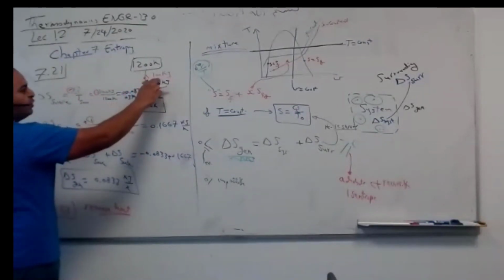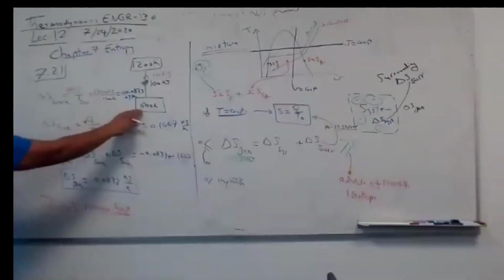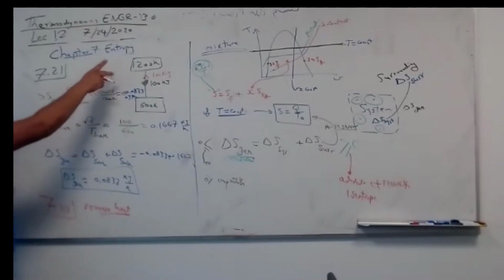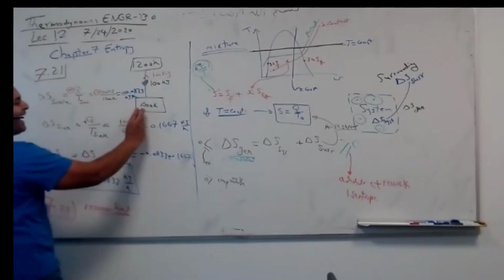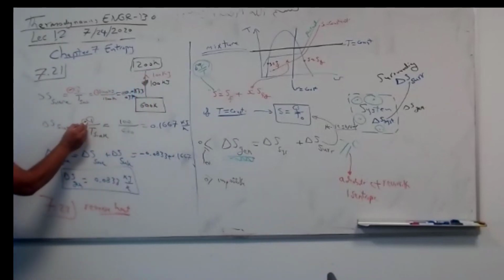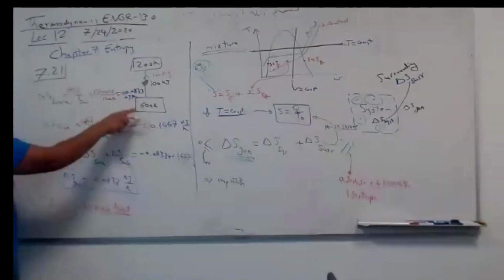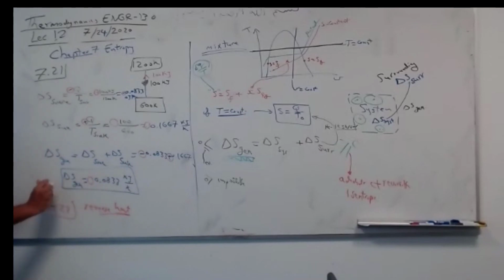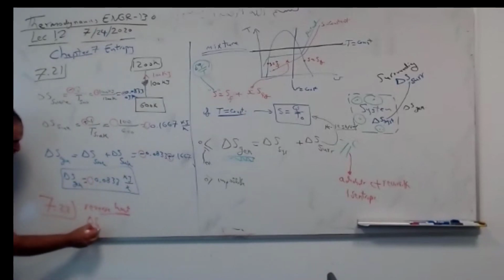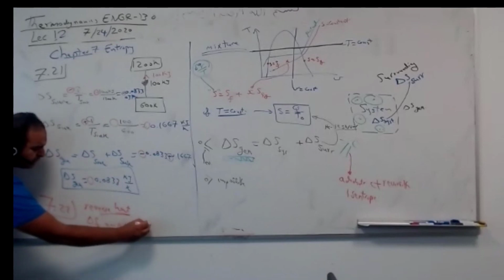So 100 kilojoule over this is positive because it's going to the 1200. Delta S sink, which is now 600. Now the source became the sink and the sink became the source. But delta S of 600, it's going out, which means negative. So this plus this will finally be the opposite, negative. Everything has the opposite sign, and delta S generation will be negative 0.0833 kilojoule per Kelvin.